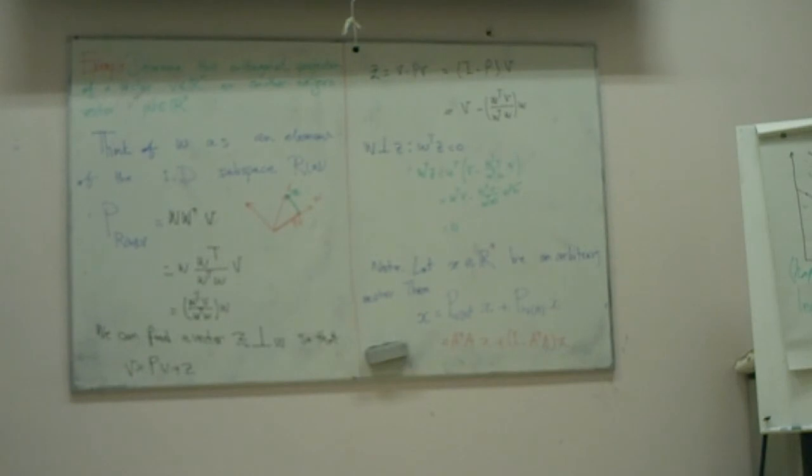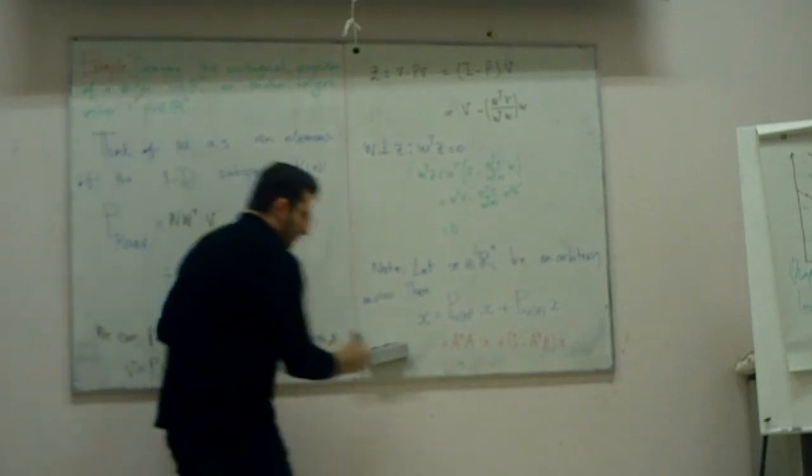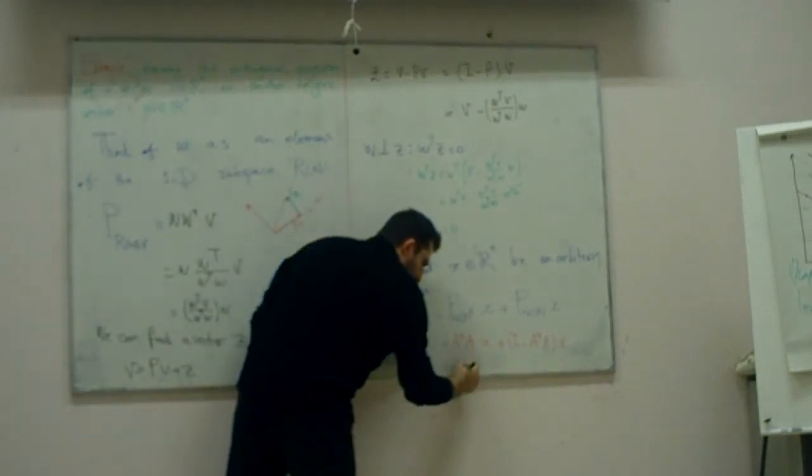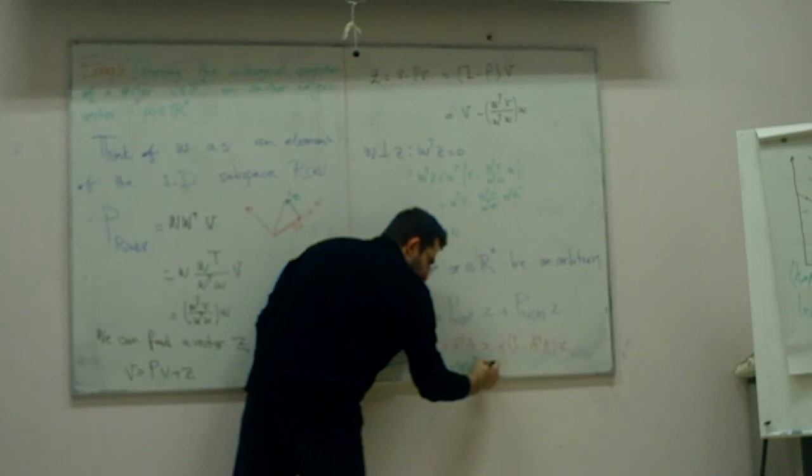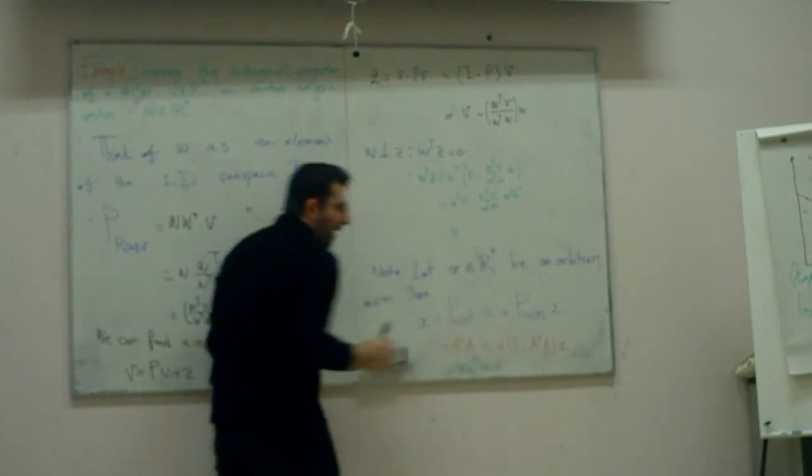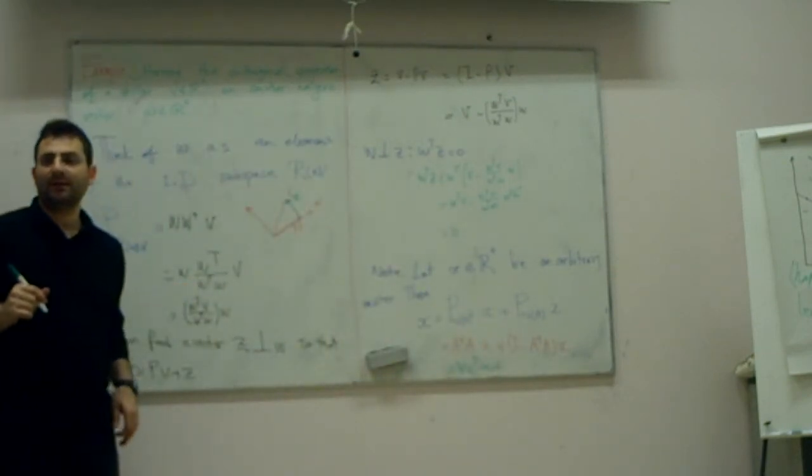A plus A is V1 V1 transpose X. What is I minus A plus A?